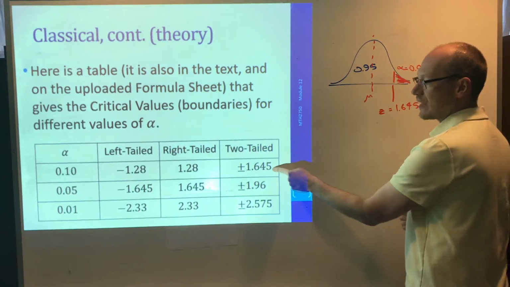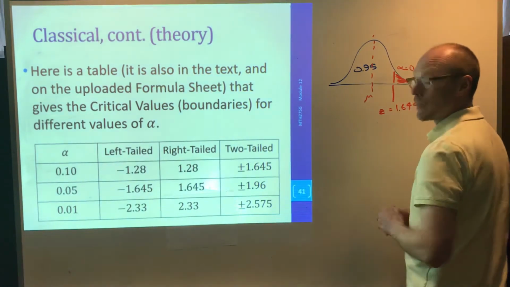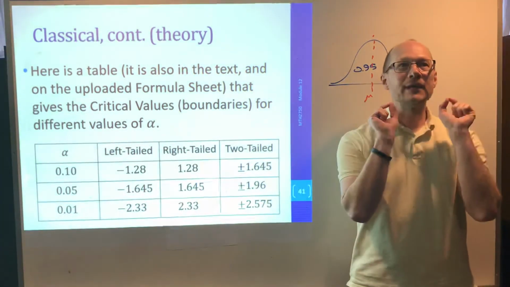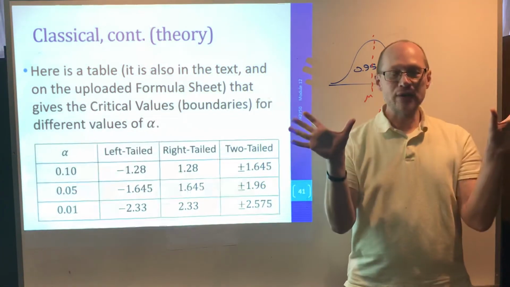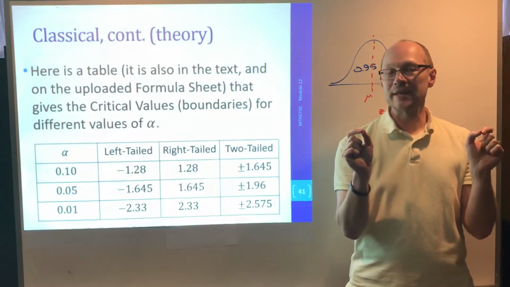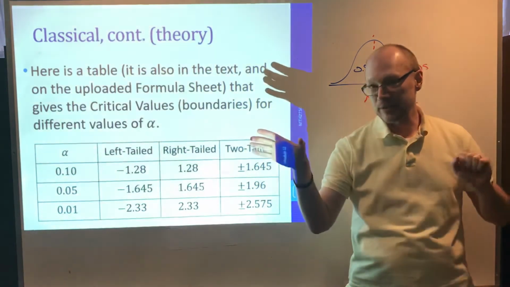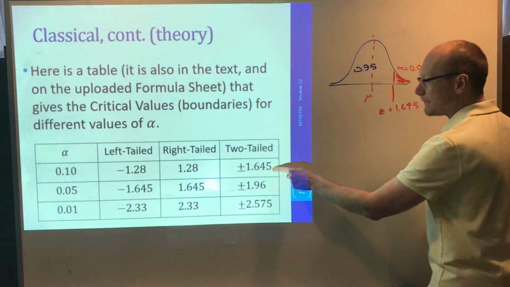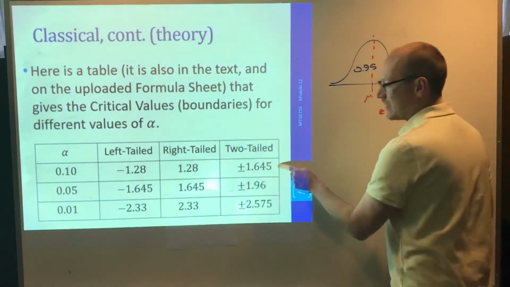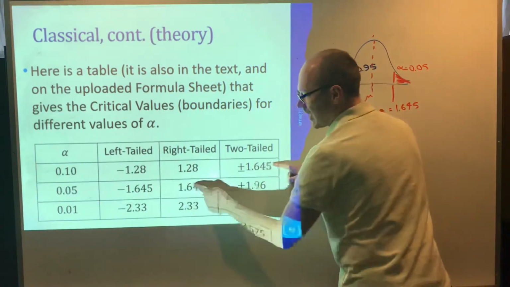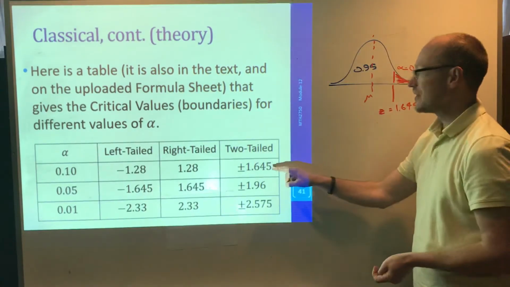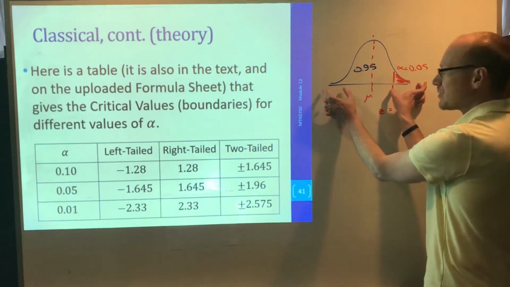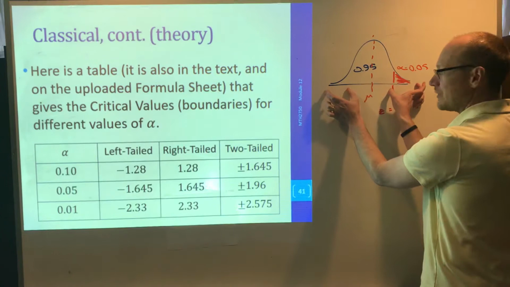Why is there a two-tailed test that these numbers are different? Well, if the alpha is 10% and we have two tails, we take that 10% and cut it in half, 5% here and 5% here, which is why the two-tailed number for 10% is the same as the single tail number for 5%, because this 10% is cutting off two chunks of 5% each.